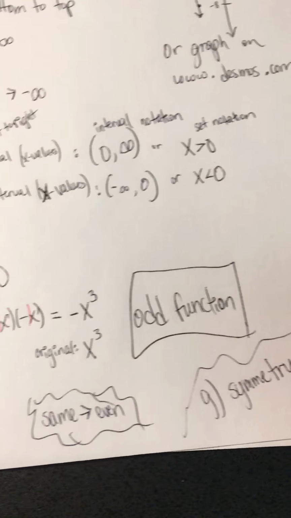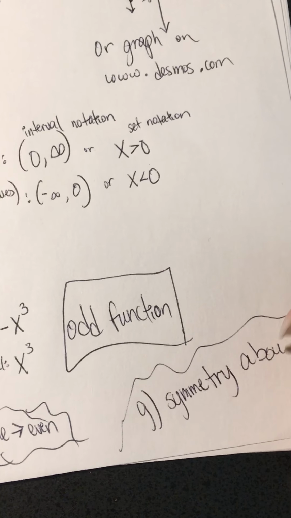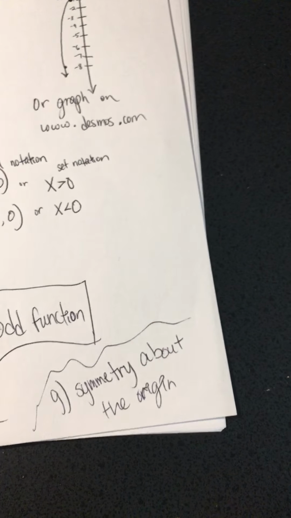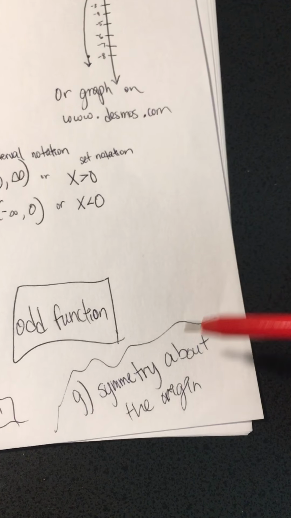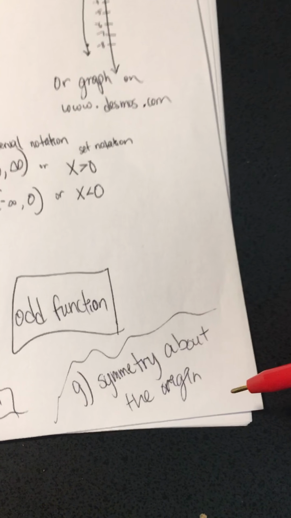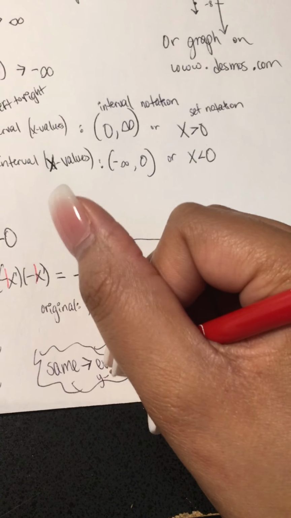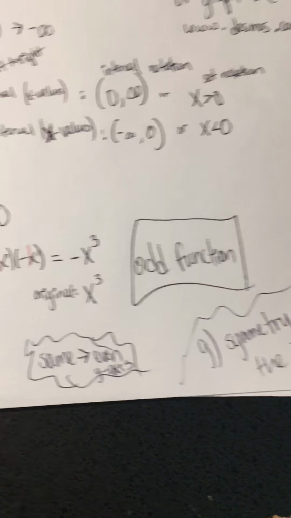about the origin. Symmetry about the origin. O for odd, O for origin. Now, when functions are even, they have symmetry across the y-axis.